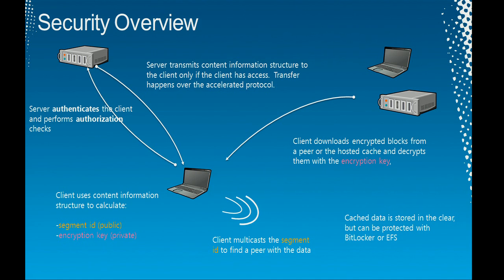Now, I've been saying the client gets the hash and does a big broadcast. What really happens is the client gets the hash, and then generates two more bits on that hash. It builds a private key and a public key, and it's that public key that it actually broadcasts. It doesn't broadcast the entire hash.